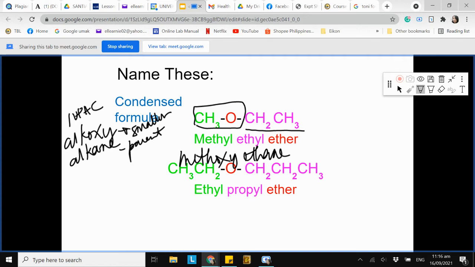This is ethyl propyl ether. So what would be the IUPAC name of this one? So same din yung gagawin, kung ano yung style ng kanina.